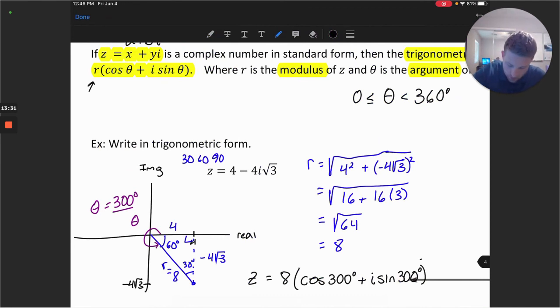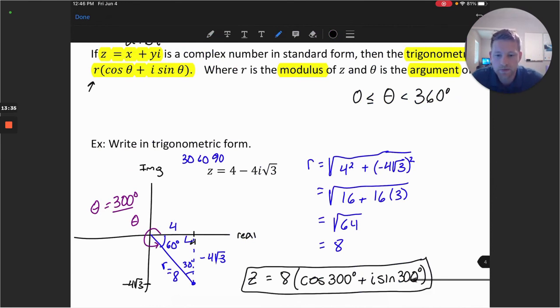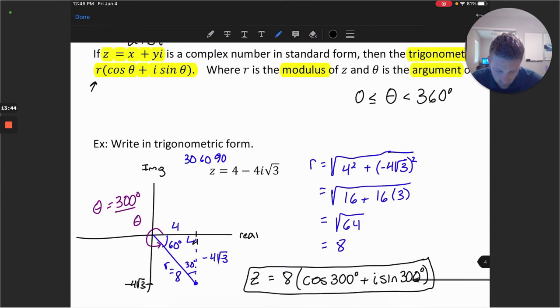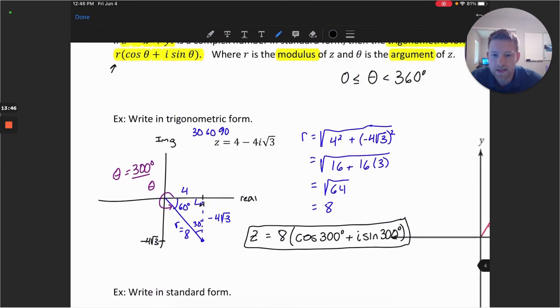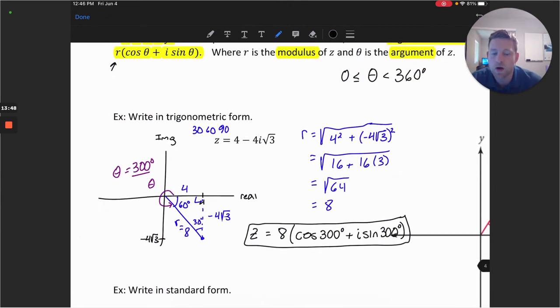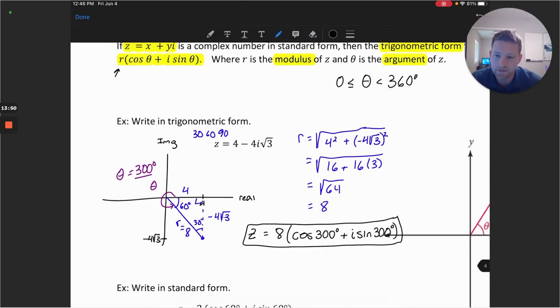And this would be the final result for our trigonometric form. z is equal to 8 times the cosine of 300 plus i sine of 300. So again, all we need to know is the modulus, r, and the argument theta, and we can put together our trigonometric form.